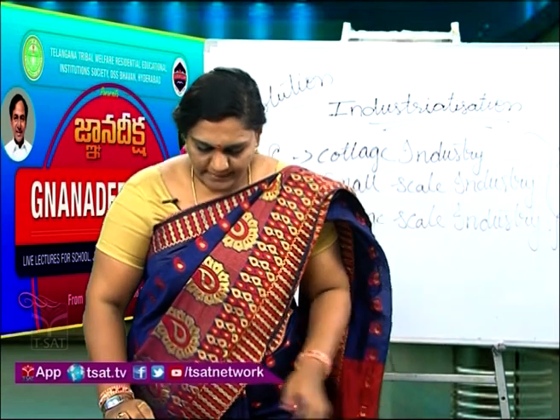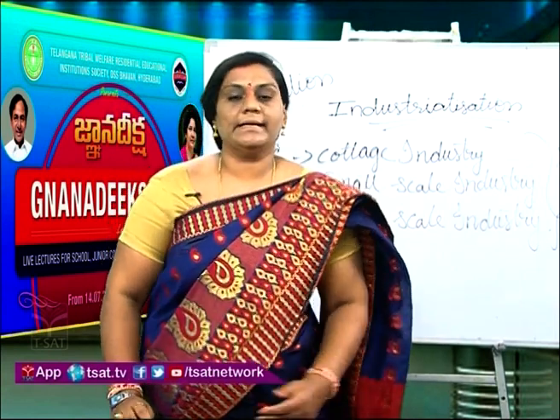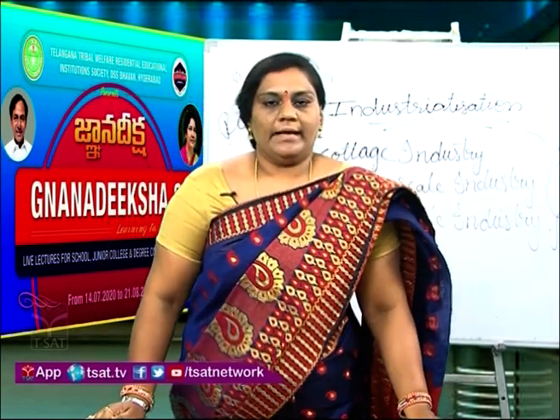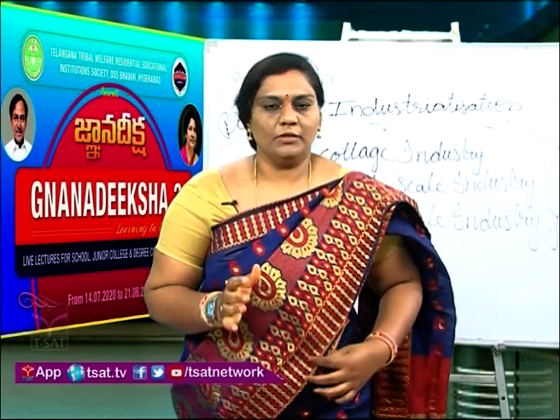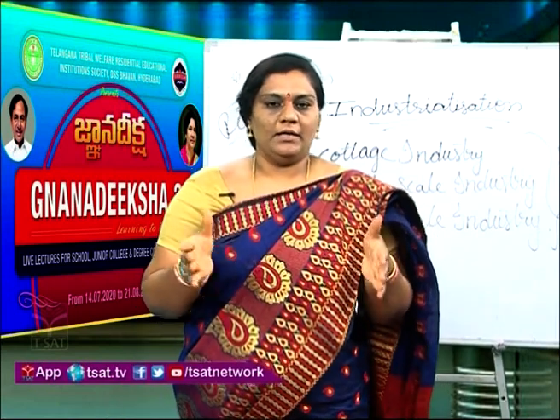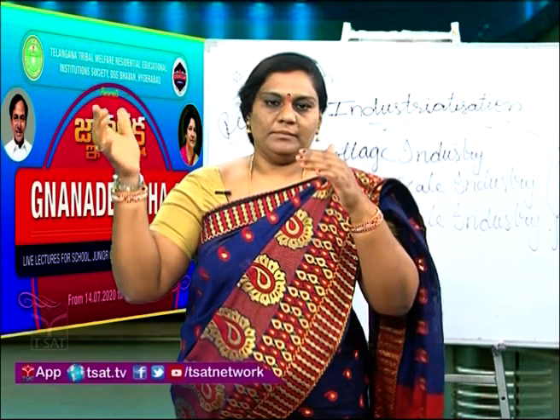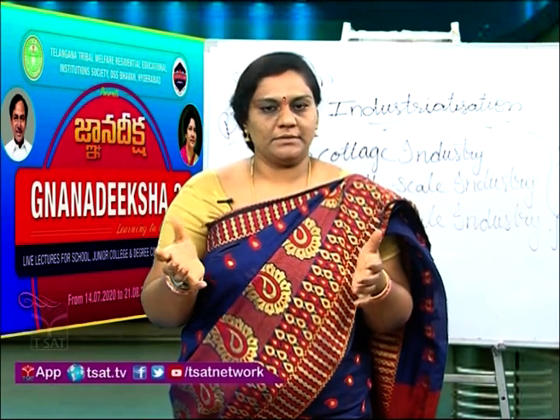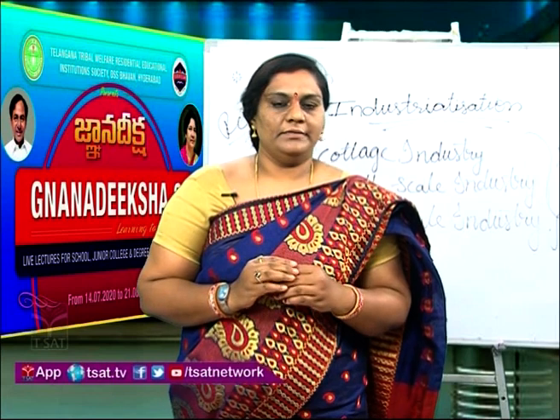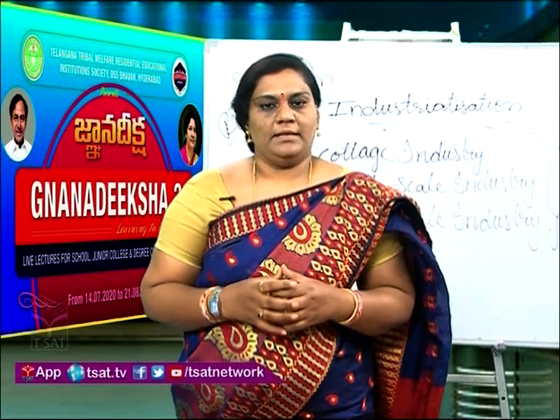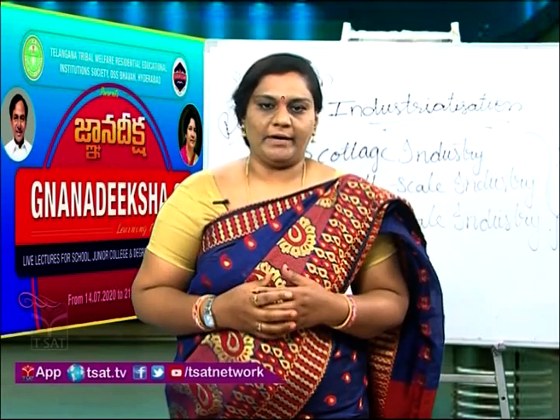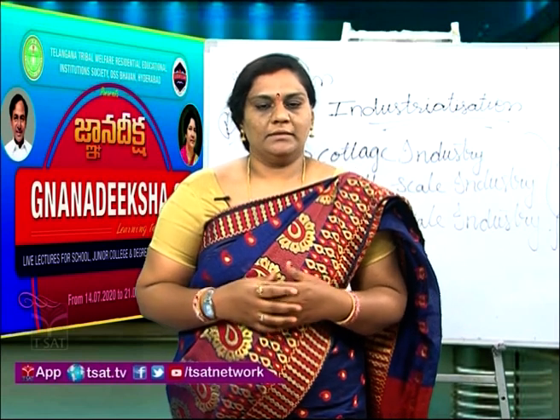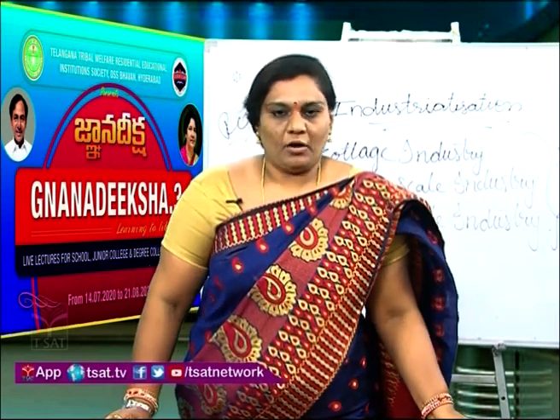For example, in a cottage industry, the people produce goods with a small amount of capital, or with a small number of workers, maybe 10 to 25 members. They can start a cottage industry.